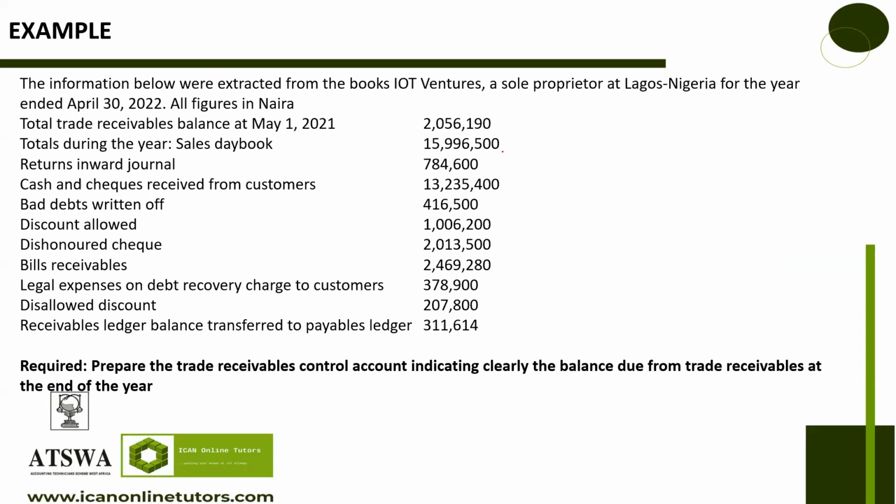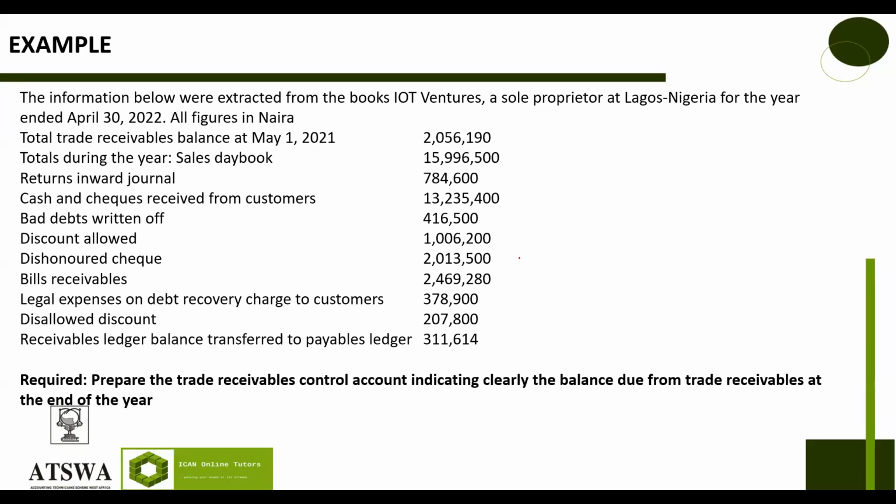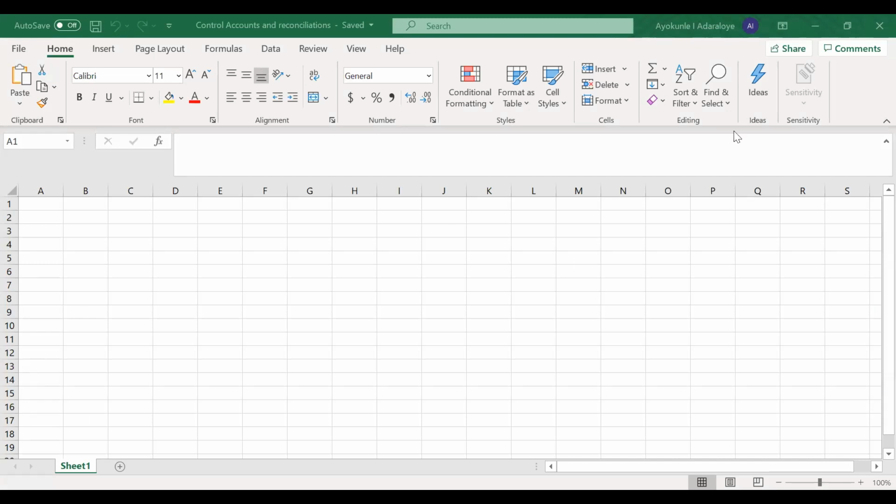So let's look at this example together. Okay, I'm trying to bring out my Excel. Can you see my Excel now? Yes, sir. Okay.